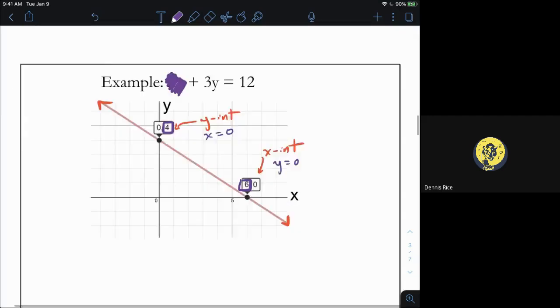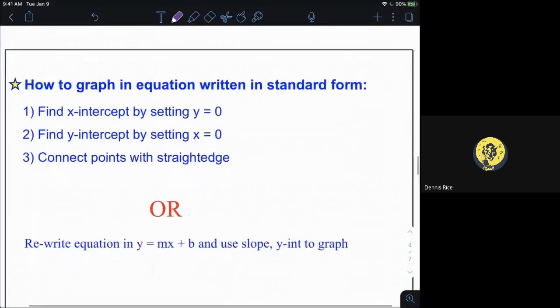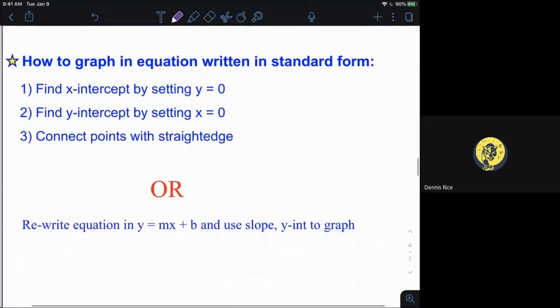So I have the steps a little bit more formally written out. And I have a big "or" here because it's not like you have to do this. No one's ever going to pressure you to do this only using standard form. So I'll get to the "or" second. But basically, just summing up what I just said on the last slide, we're going to find the 2 intercepts. You find the x-intercept by plugging in a 0 for y.